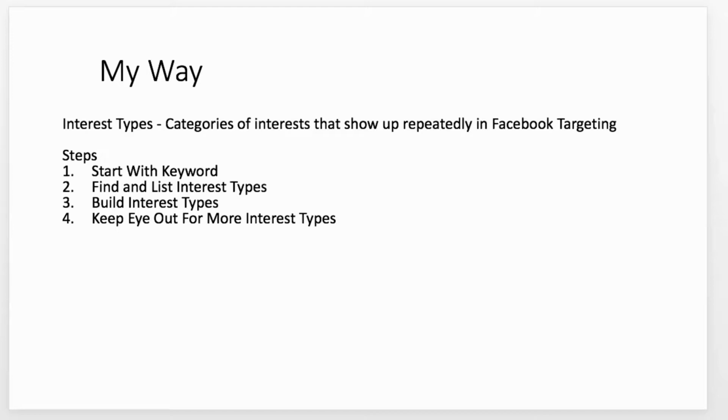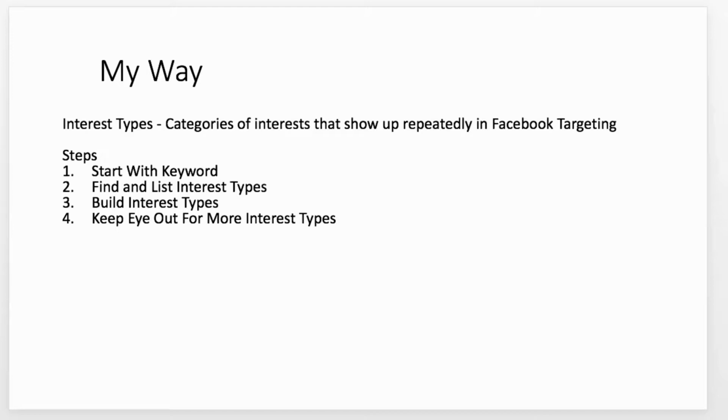So step 1, you put in your keyword. Today we're going after programmer, so we put in the word programmer. You're going to look through the list of suggested interests that come up, and you're going to find interests, or categories of interest, that come up over and over again.